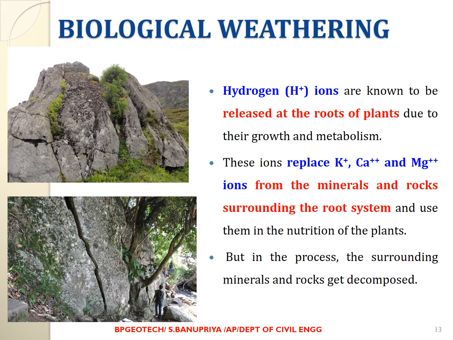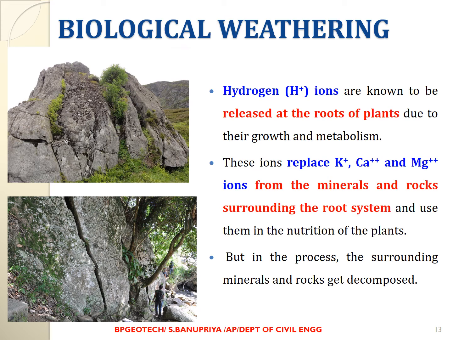The last type of weathering is biological weathering. Hydrogen ions are known to be released at the roots of plants due to their growth and metabolism. These ions are replaced by sodium, calcium, and magnesium ions from the minerals and rocks surrounding the root system, and are used as nutrition by the plant.